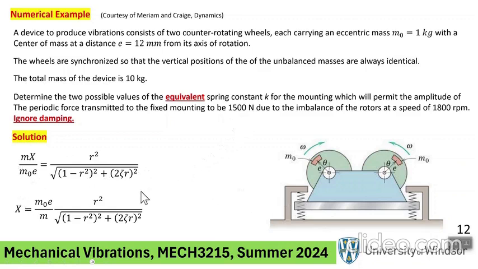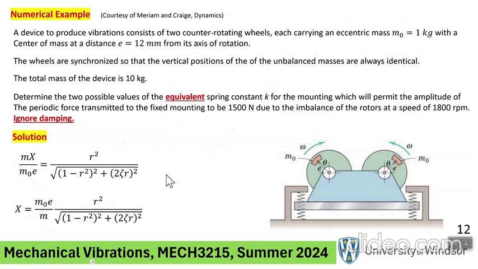So you find the X, plug in everything that you know. You know E, the eccentricity. You know M naught. Just remember, M naught is two of them, so there's going to be 2 kilograms here. The mass of the machine you know, 10 kilograms. Eccentricity is 12 millimeters, you have to convert it to meters.